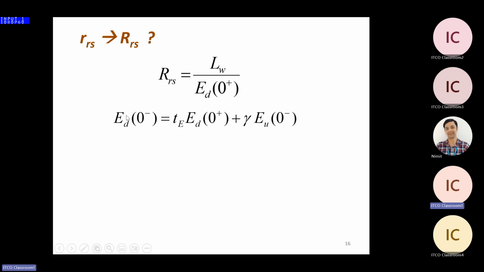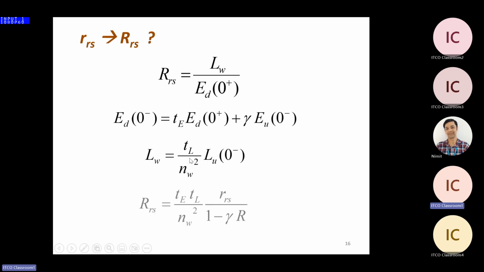So this is ED0 minus connected to ED0 plus. And LW versus LU follows this relationship. This is transmittance. This is the refractive index of water. Putting these together, we can get the above-surface remote sensing reflectance.